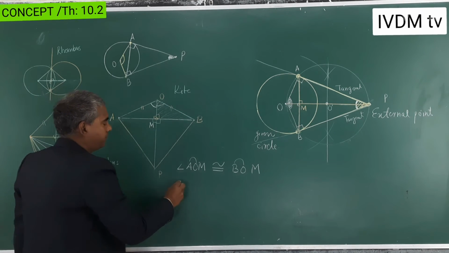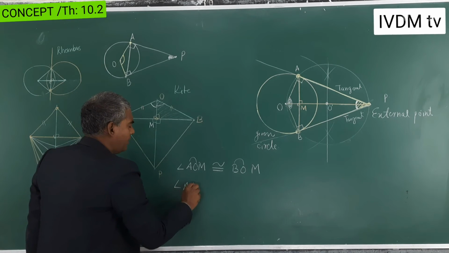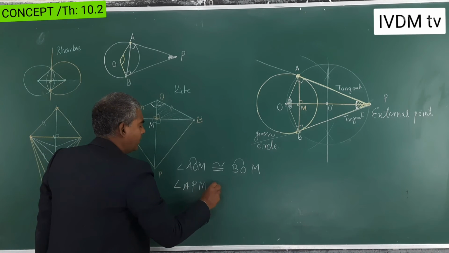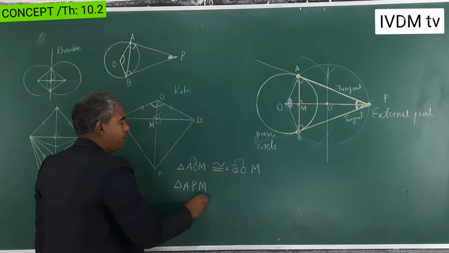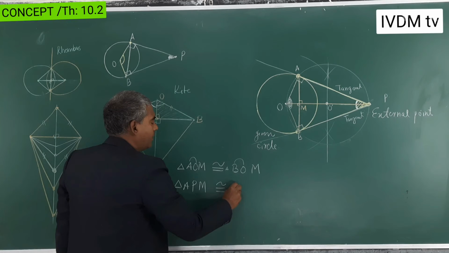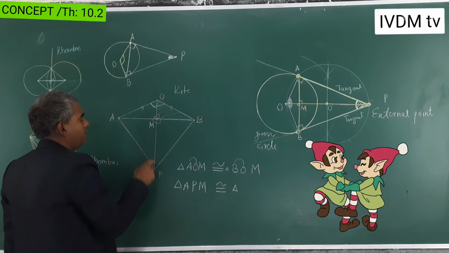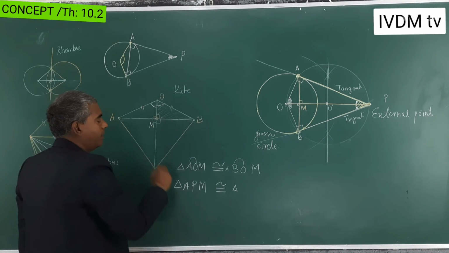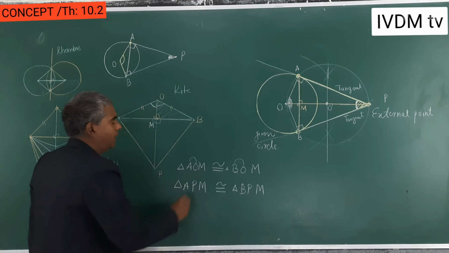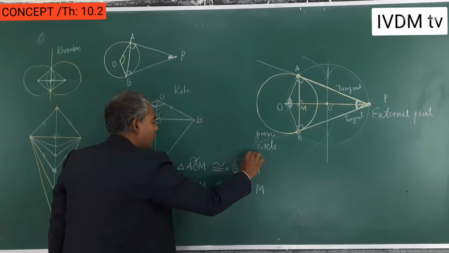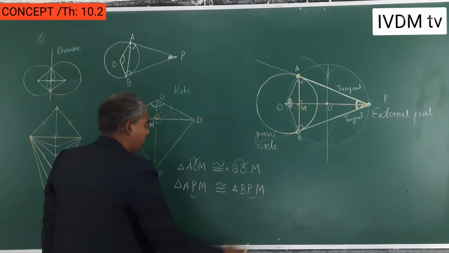Similarly here, triangle APM is equal to triangle BPM. I have taken O and O here, P and P here.